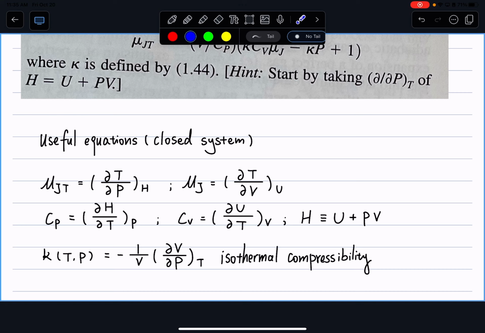For chi, we have 1 over V times the partial derivative of V over P at constant T. Cv equals the partial derivative of U over T at constant volume. Mu J, or our Joule coefficient, is the change of T over V at constant internal energy U. So this is just writing out each term by its definition.